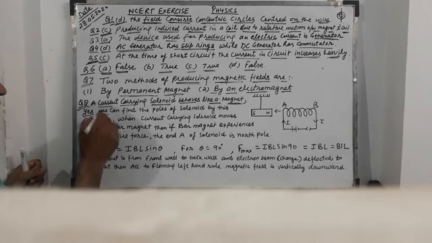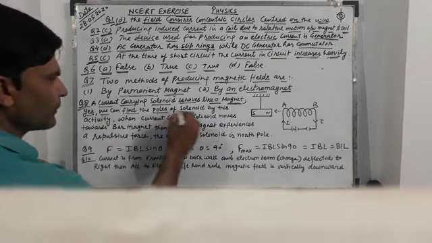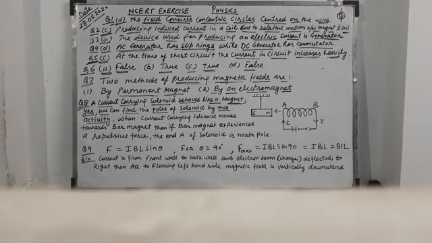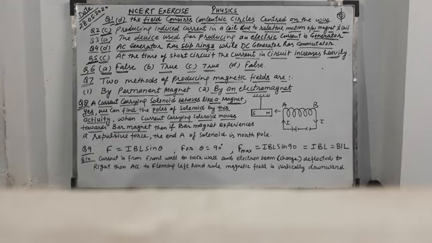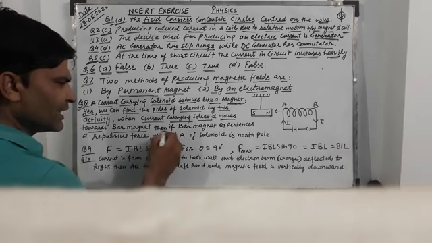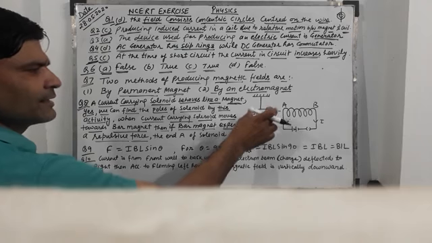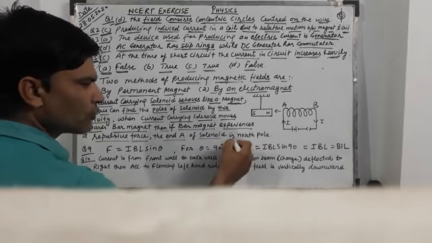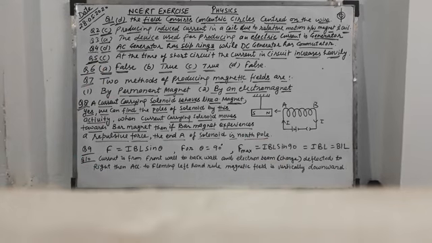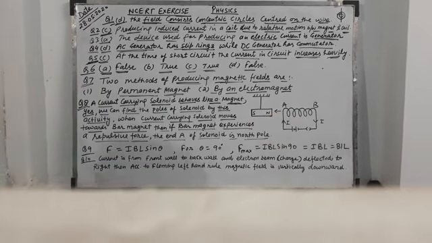Yes, we can find the poles of a solenoid, and the answer is this activity shown in the figure. When a current carrying solenoid moves towards a bar magnet which is freely suspended, if the bar magnet experiences a repulsive force, then end A of the solenoid is the north pole, because we know that like poles repel each other. So end A is the north pole.